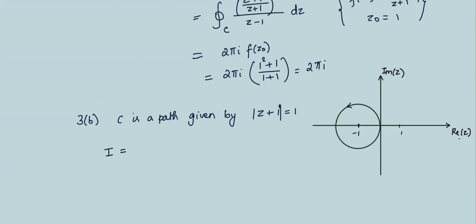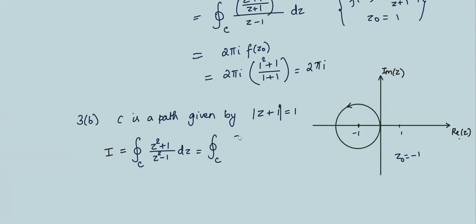Integral over closed path of (z square plus 1) by (z square minus 1) dz. Now z naught equal to -1 is this point of singularity. So let us see how we write.